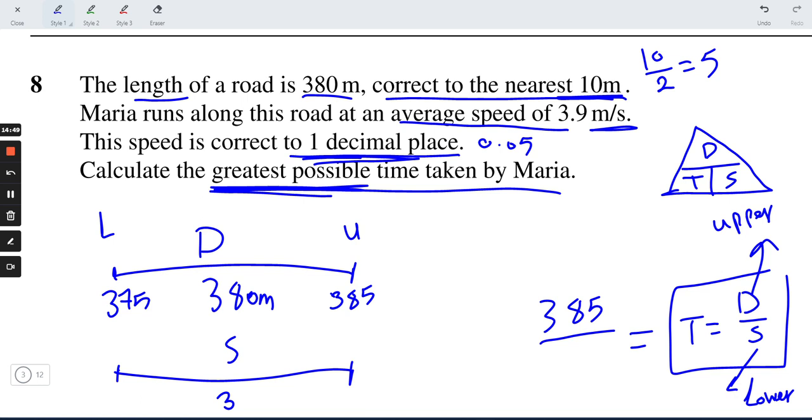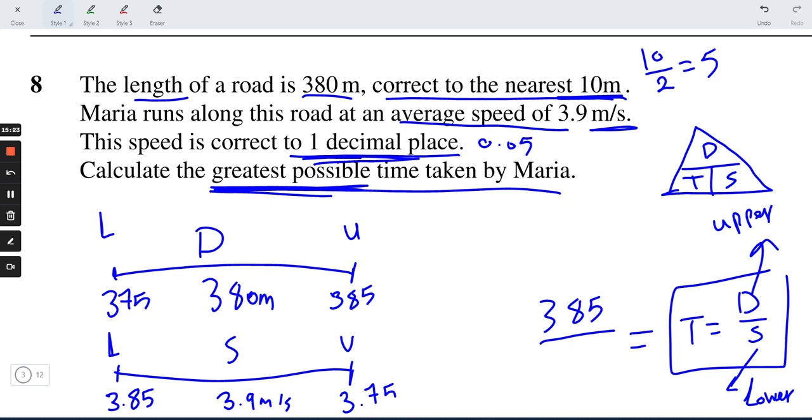We have 3.9 meters per second, so it's 3.9 minus 0.05, it would be 3.85. 3.85 here as a lower bound, as an upper bound 3.95.